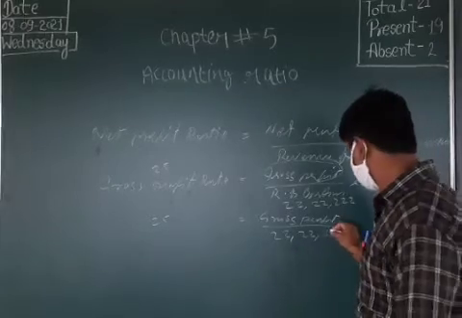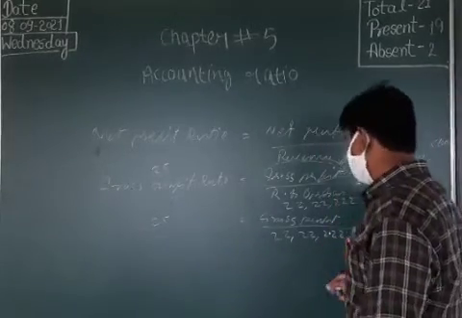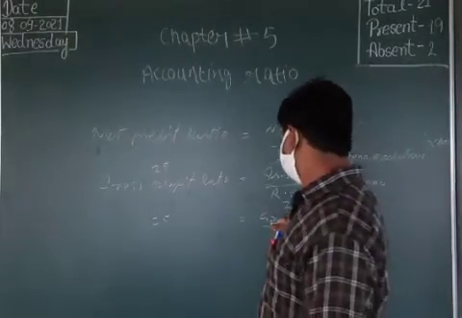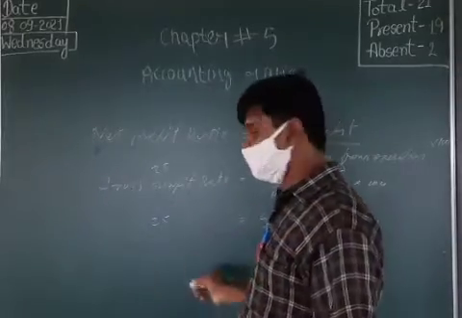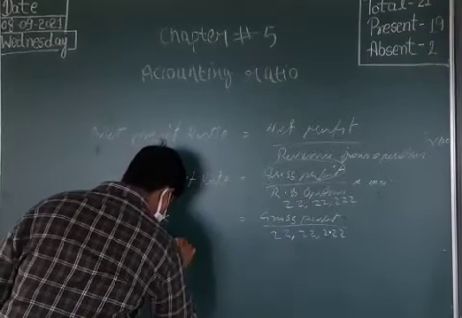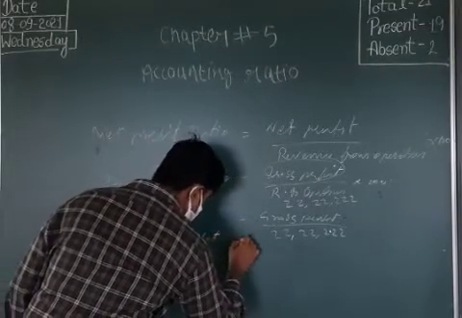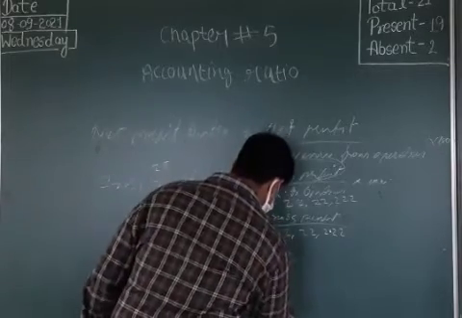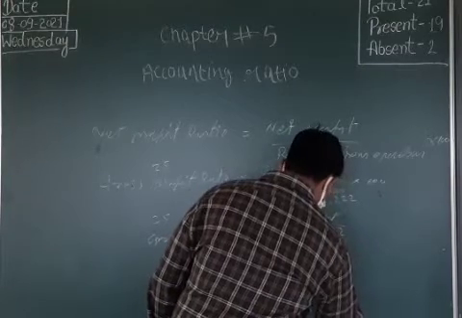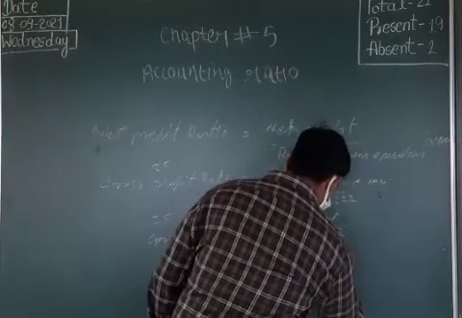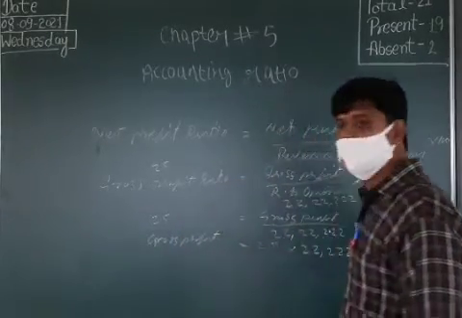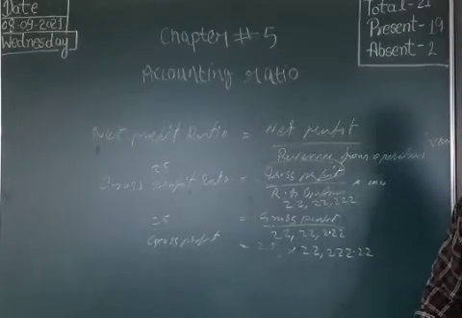Now we need to get the gross profit. So gross profit is equal to 25 into 22,22,222 divided by 100.